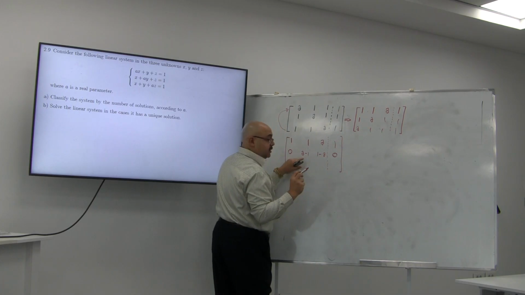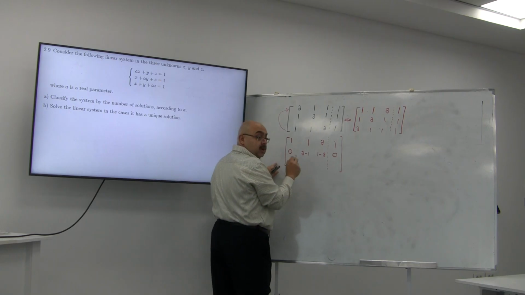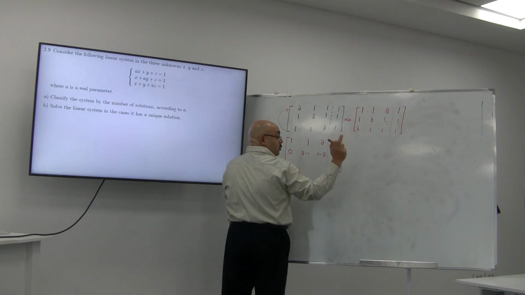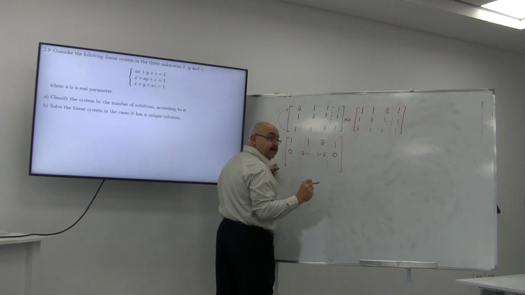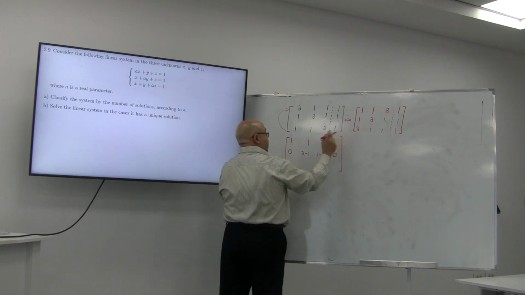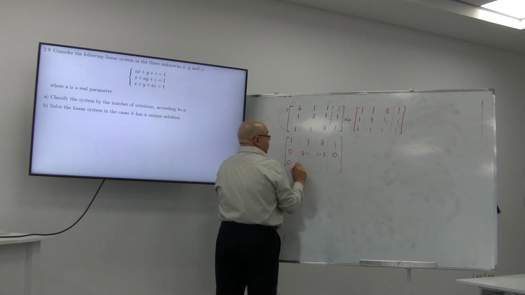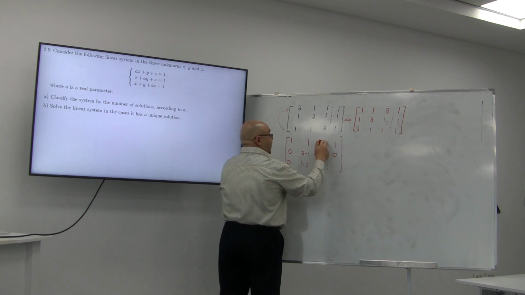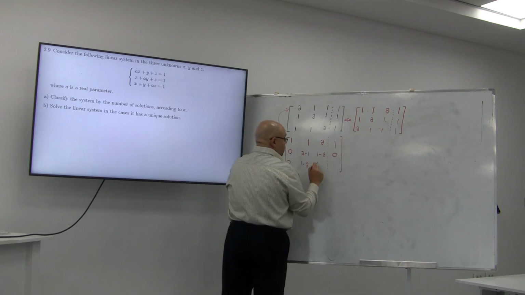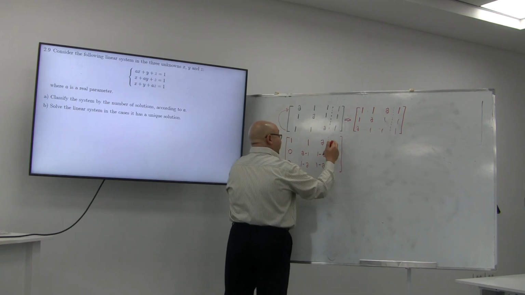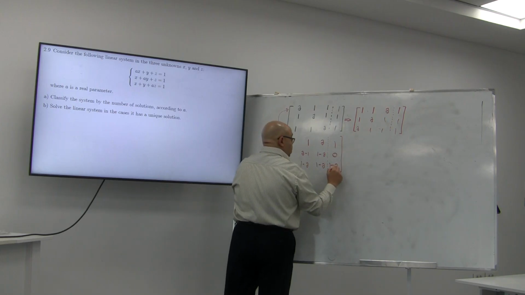In a similar manner, I want this value to be zero, but unfortunately it equals A. I will multiply by negative A. Stay with me, Abdelrahman. Negative A plus A, so the result will be 0. Negative A plus 1 gives me 1 minus A. Negative A plus 1, so it's going to be 1 minus A. Negative A times 1 is negative A, plus 1, it's going to be 1 minus A.